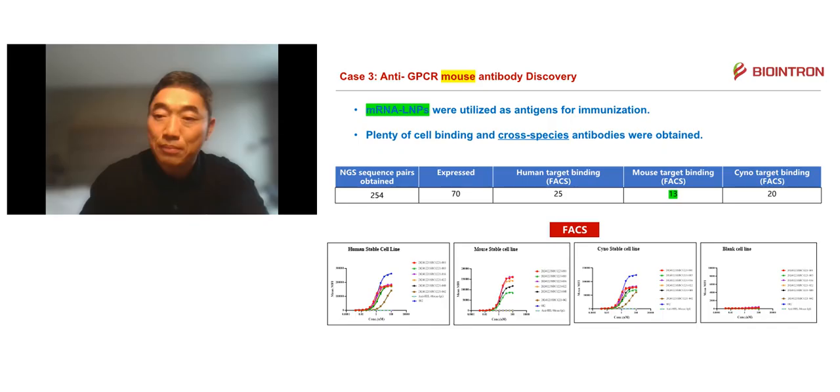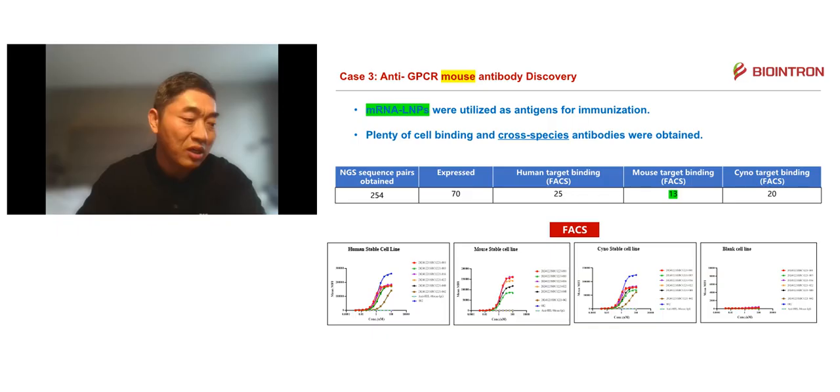And what's amazing is that we got 13 mouse target binders. Why is this amazing? Because this antibody is raised from mouse, so I would say it's a pretty low chance you will get an antibody from mouse as a host that can also cross-react with the mouse target. But we did, and we got 13.